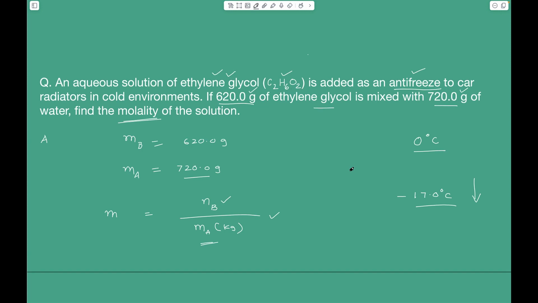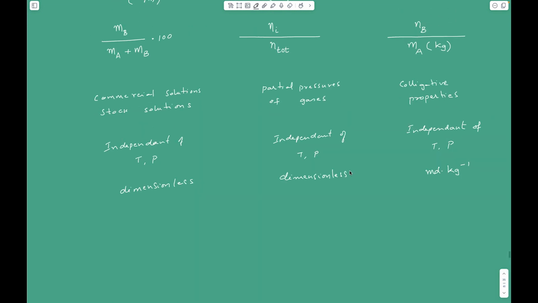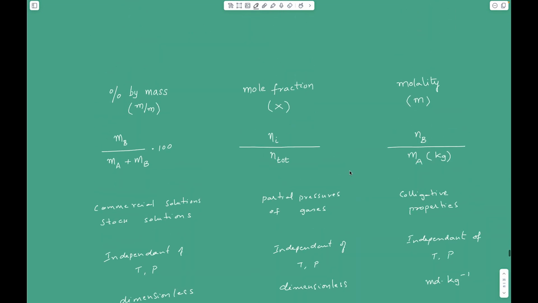Now let us take a quick recap of the three concentration terms we discussed so far. The first one is percentage by mass. It is denoted by m/m to indicate that it is a ratio between two masses. And this tells the number of parts of solute present in 100 parts of the solution by mass.